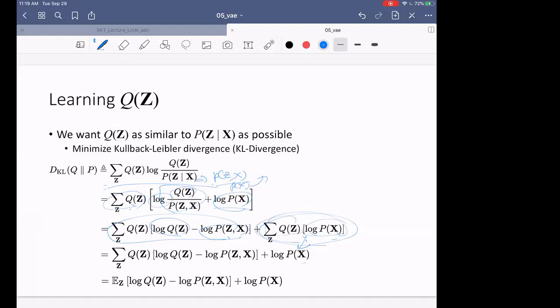So you can just throw this away, and this becomes log P(X). And then, as I said, sigma Z over Q(Z) is an expectation over Z, so you just transform this into an expectation, and that's it. So you're left with this. It's a simple manipulation. You have the DKL, and then you manipulate it to get the final equation right on the bottom.